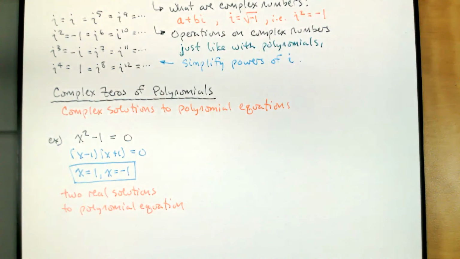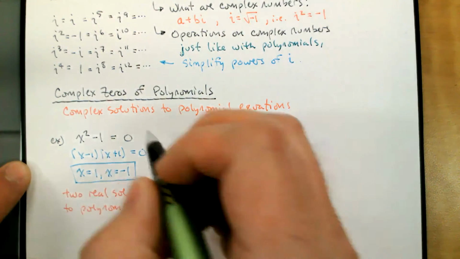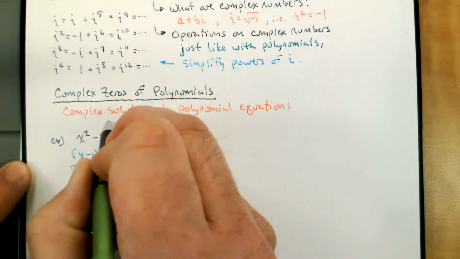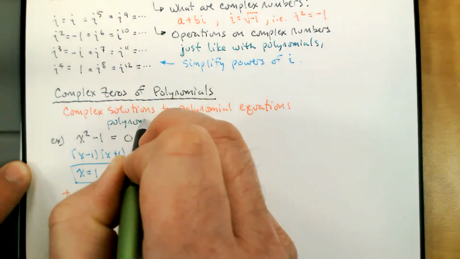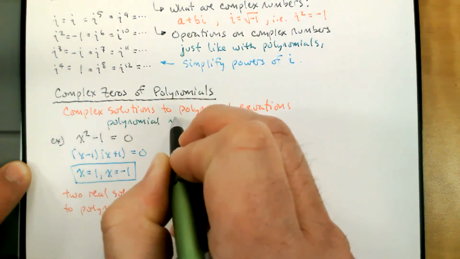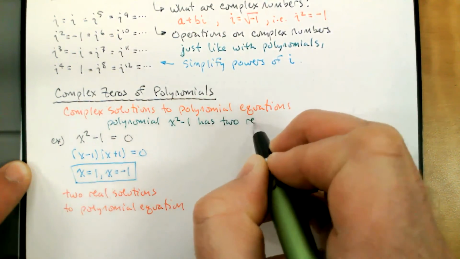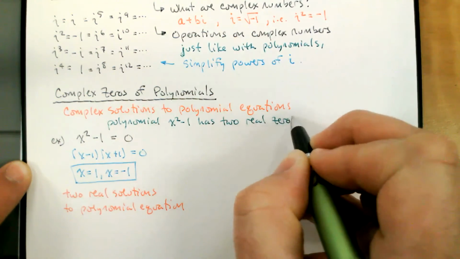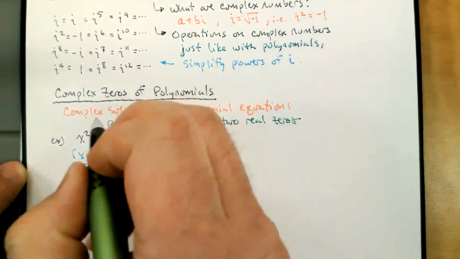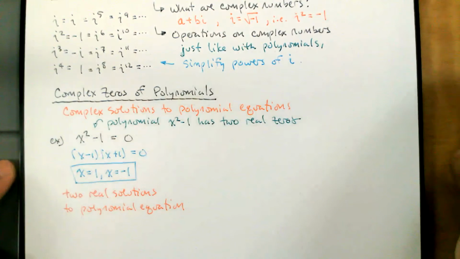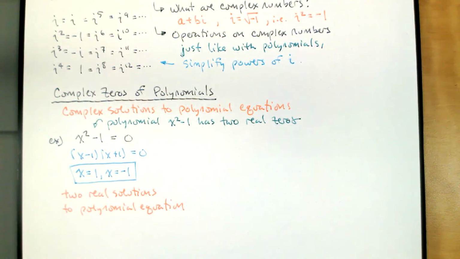We might also say that the polynomial x squared minus 1 has two real zeros. So we could talk about the zeros of the polynomial or the solutions to the polynomial equation.